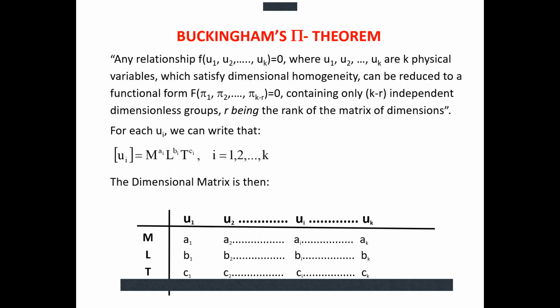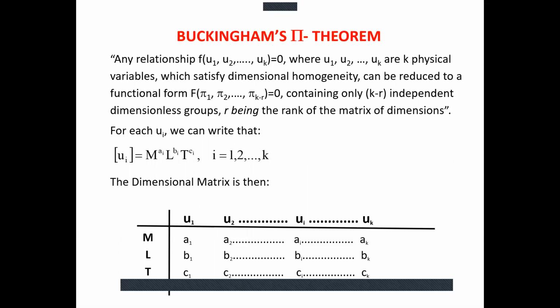K is the total number of variables in our problem, and we can reduce that number from k to k minus r if we apply pi terms, with r being the rank of the matrix of dimensions.